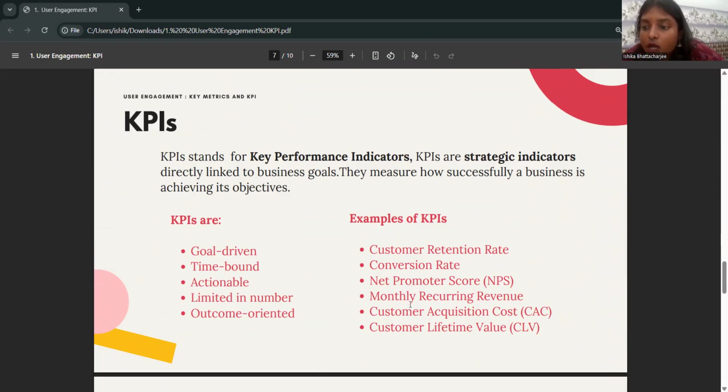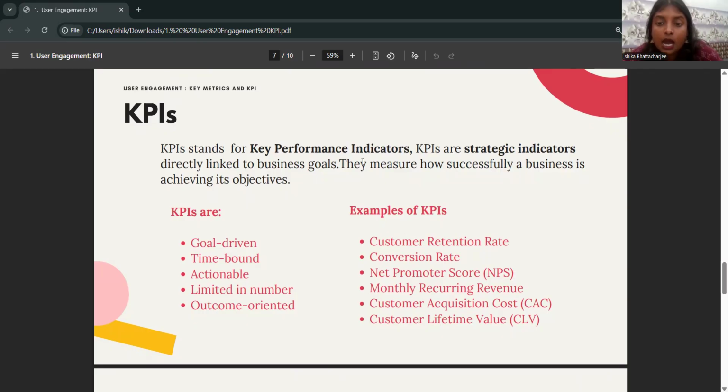Now they are success indicators. Okay, now after you have evaluated your metrics, these indicators, these metrics are actually going to give you the key performance. Like if you are actually reaching towards your goal, or actually you are getting success or not. So these are the actual success metrics that will decide what the business is going to get.